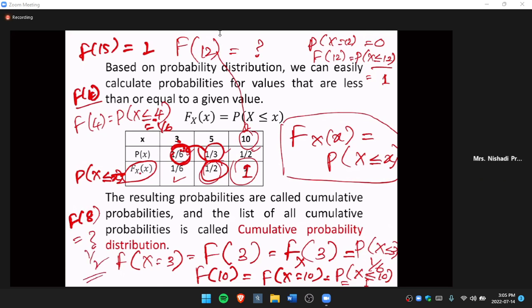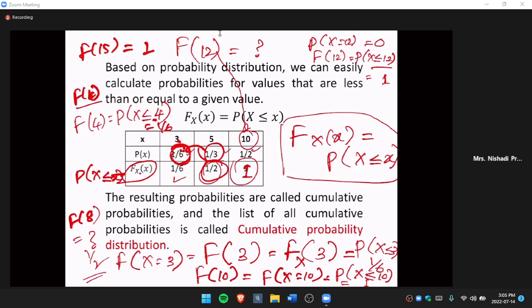So this is called cumulative probability distribution. So far we discussed how to find induced sample space and the associated probabilities, the probability mass function of a particular random variable, and cumulative probability distribution for a discrete random variable only.